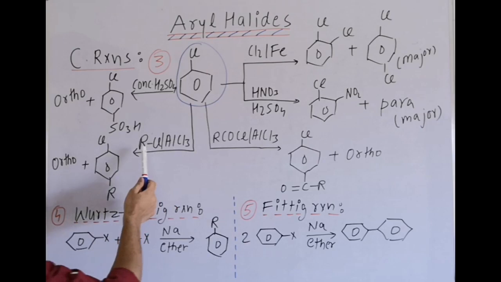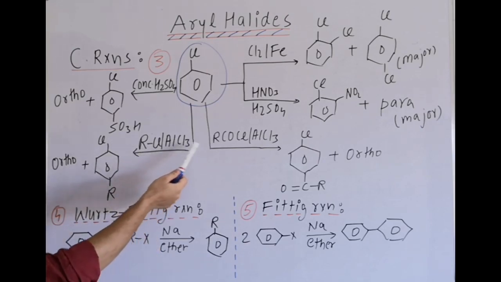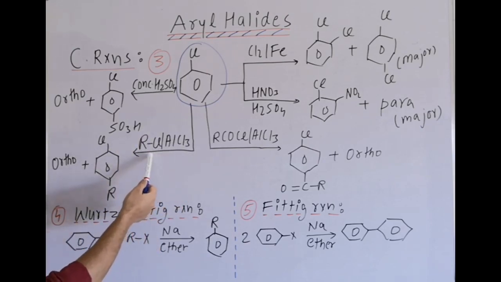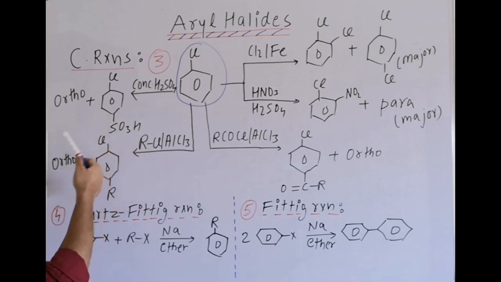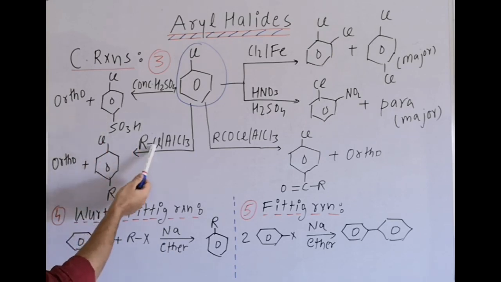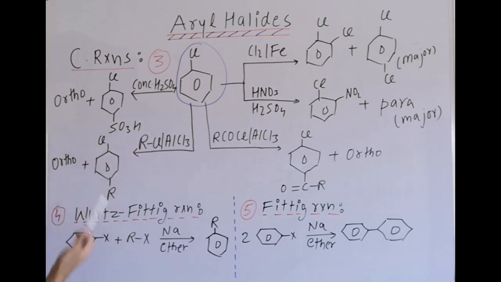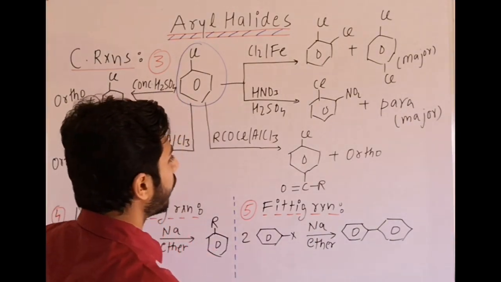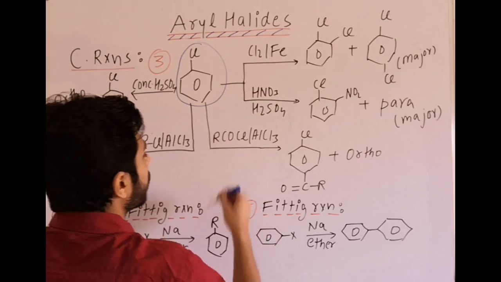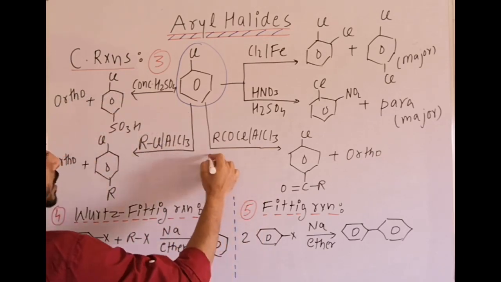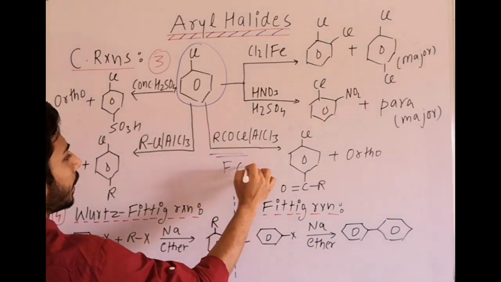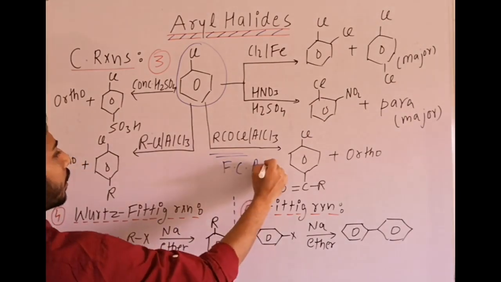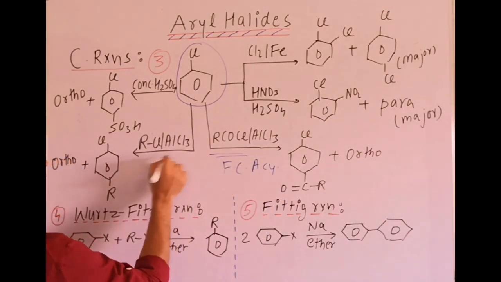Then Friedel-Crafts reaction, alkyl halide RCl with AlCl3, it generates R plus. That R plus undergoes substitution at ortho and at para position, again para being major, the reason is the same, steric repulsions are less. Next reaction, this is a Friedel-Crafts acylation, and this one is Friedel-Crafts alkylation.